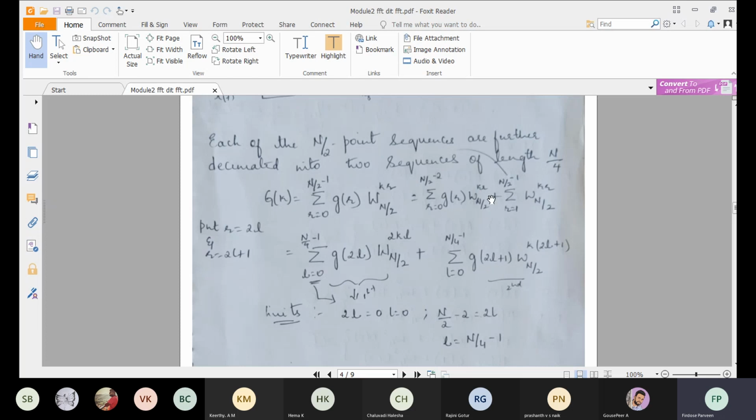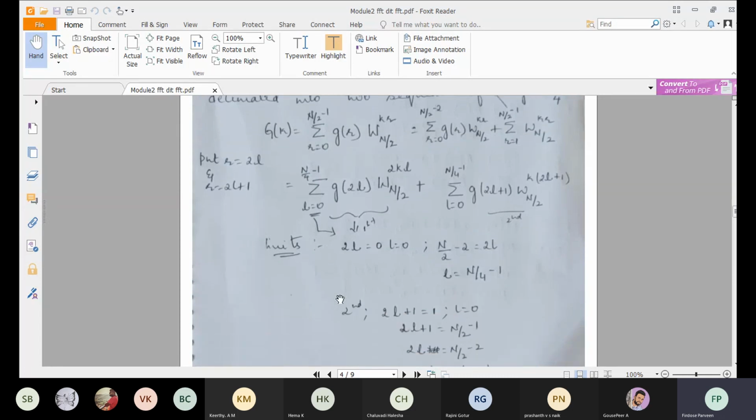In the second part we'll put r equal to 2l plus 1. Again we'll be changing the limits. This becomes l equal to 0, and for the upper limit, n by 2 minus 2 will be equal to 2l. So l is equal to n by 4 minus 1.